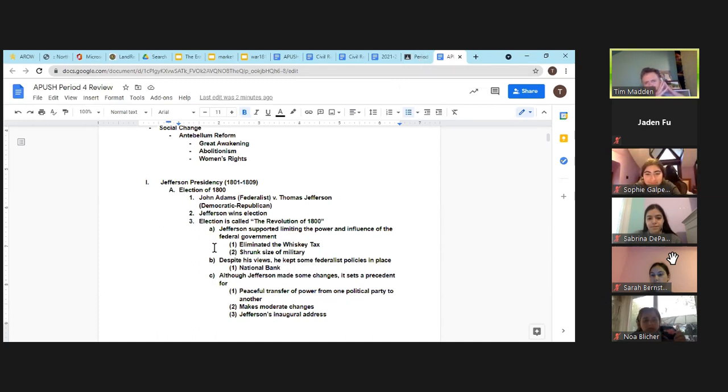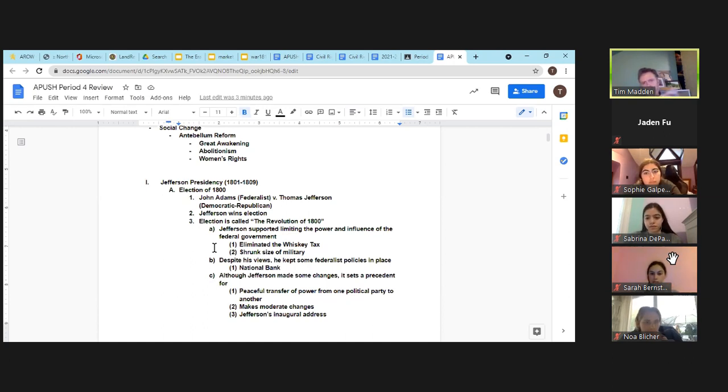Jefferson, years later, refers to it as the revolution of 1800 because he sees it as the common man and a more democratic philosophy overturning a more aristocratic administration.